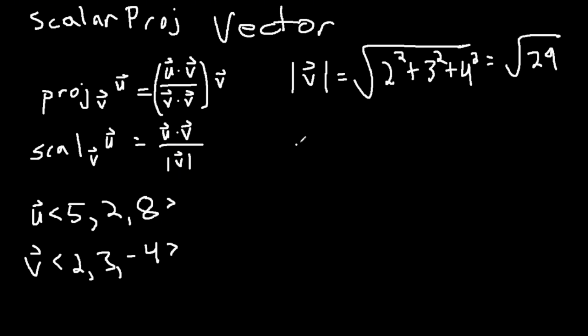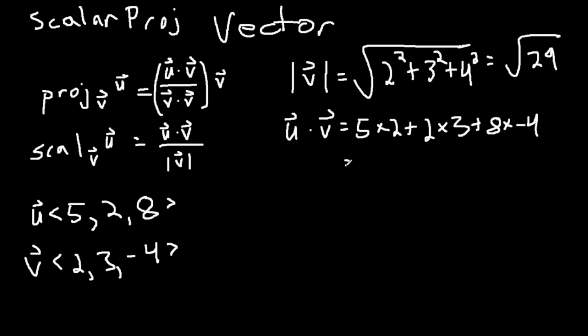Let's do u dot v. So u dot v is equal to 5 times 2, the corresponding components for the dot product, plus 2 times 3 plus 8 times -4. We get 10 plus 6 minus 32, which is equal to -16.